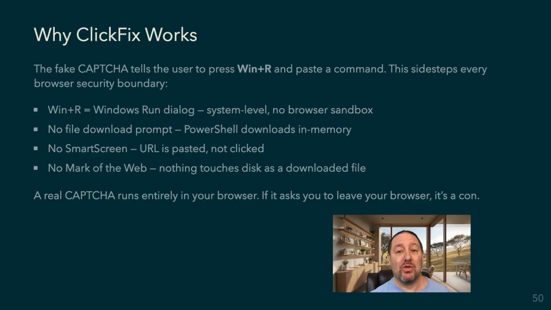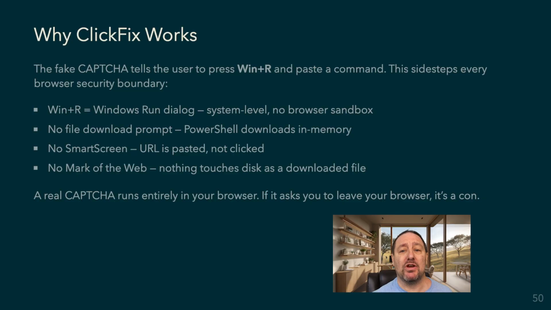So do know this, if it's not obvious, legitimate CAPTCHAs run entirely in the browser. So if a website asks you to leave your browser to prove you're human, it's not CAPTCHA, it's a con. It's designed to sidestep your browser protections. There's no file download prompt, no downloads, no in-memory anything. It's just PowerShell that you put into the run dialog box.